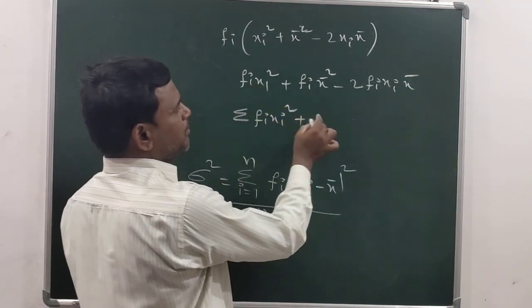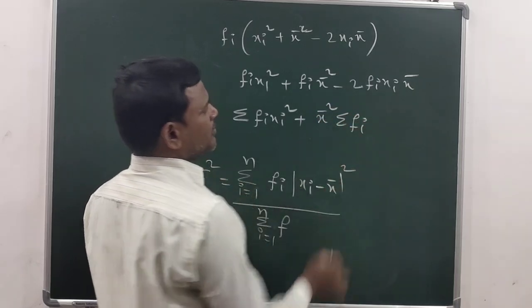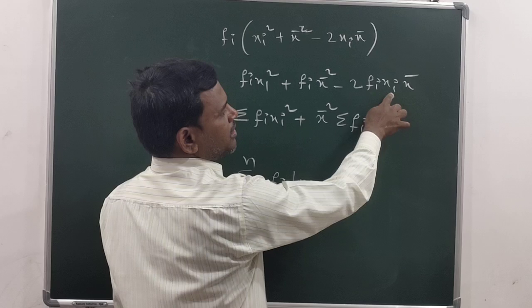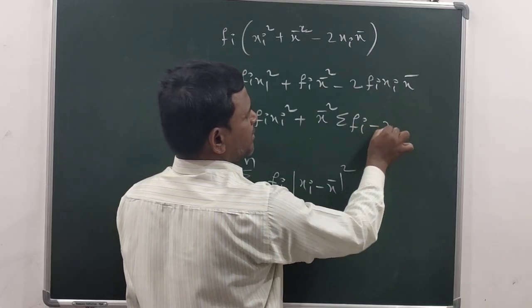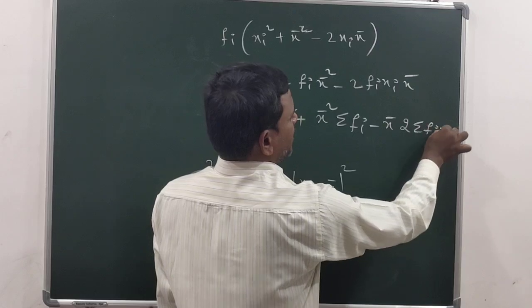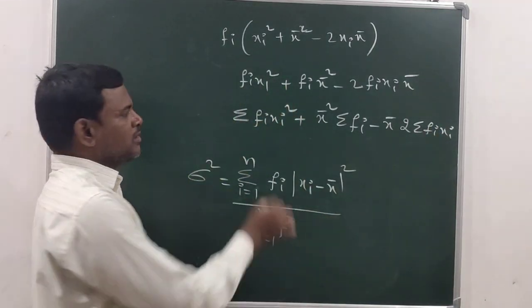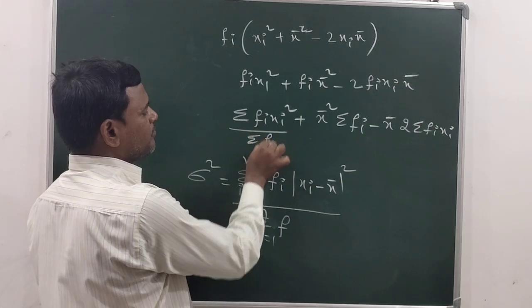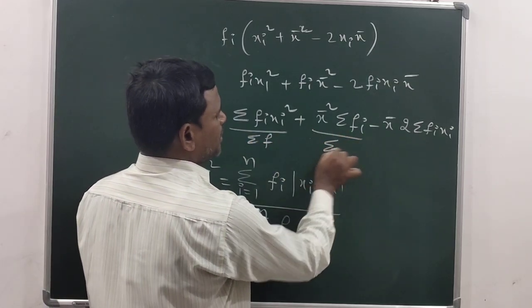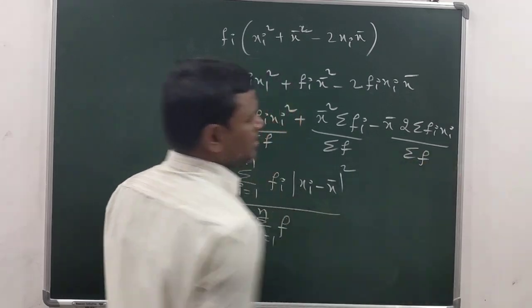Now x bar square, keep it outside: x bar square sigma fi. And 2 x bar, keep it outside: 2 into sigma fi xi. Now divide all of them by sigma f. Sigma f means the sum of all the frequencies, that is nothing but n.